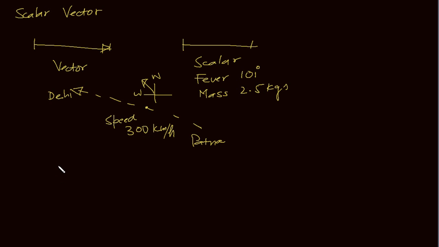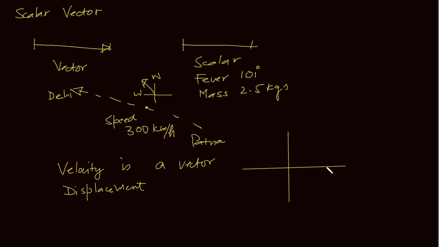So velocity is a vector, displacement is a vector. So if I draw this axis like this, this is my x direction and this is my y.